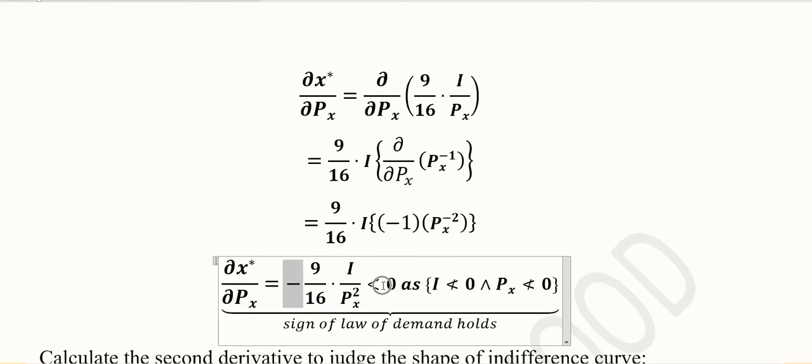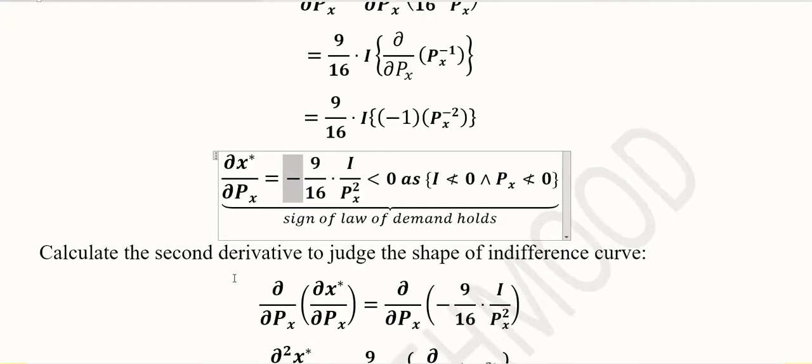That is why we can say that the answer is negative. And the answer of the derivative of the demand function shows that there is a negative relationship between price and the quantity demanded of good x. The price of x and the quantity demanded of good x. So it follows the law of demand. So now we are sure that we have developed the demand function.